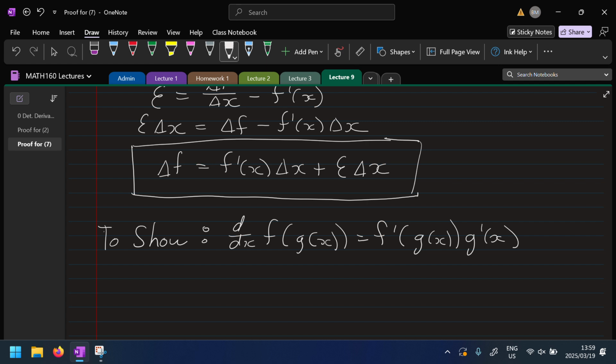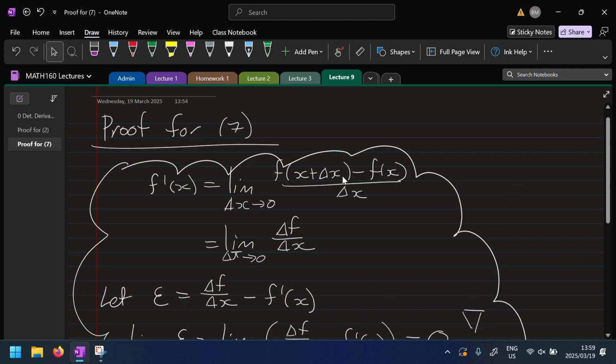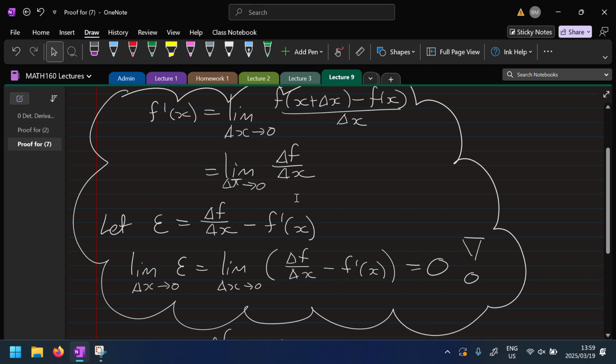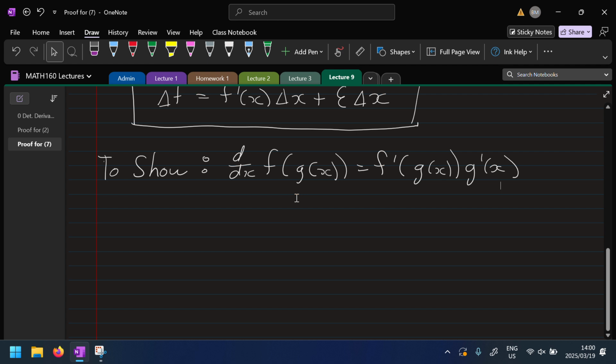We're not going to use the limit definition directly, but behind the scenes it's the same thing, because we used it over here. We are using the limit definition, but we're just rewriting it a bit differently to make the proof a bit neater. You can try it the other way, and I encourage you to do that, but we're going to try it this way.